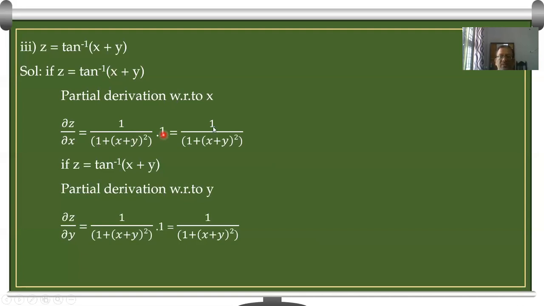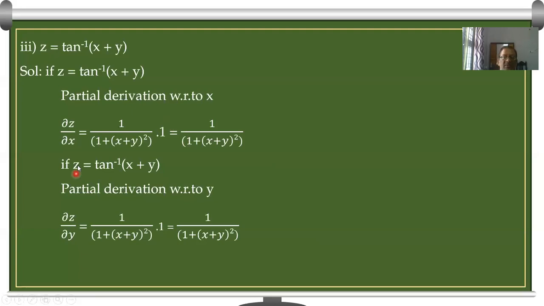Therefore, take multiplication with 1. Any number into 1 is the same. Therefore, 1 by 1 plus x plus y whole square. It is the partial derivation value of the function with respect to x.